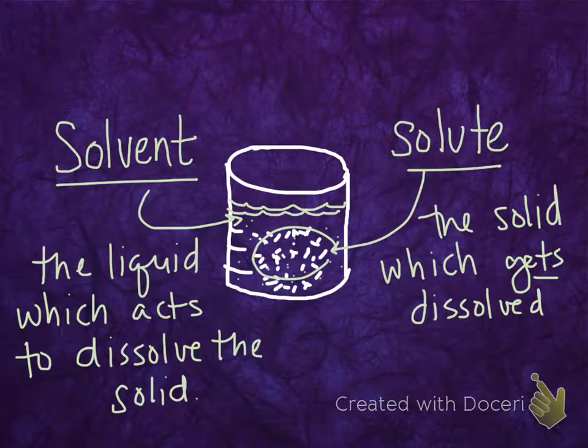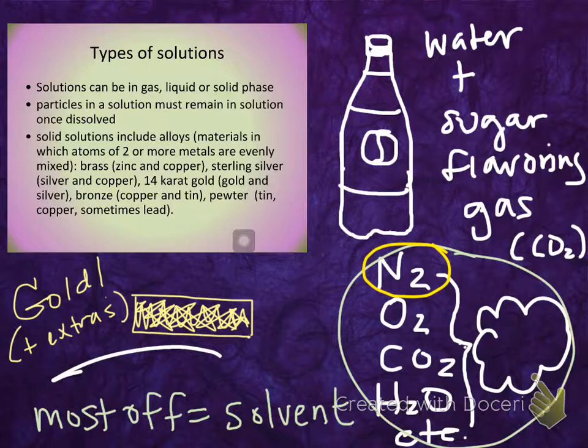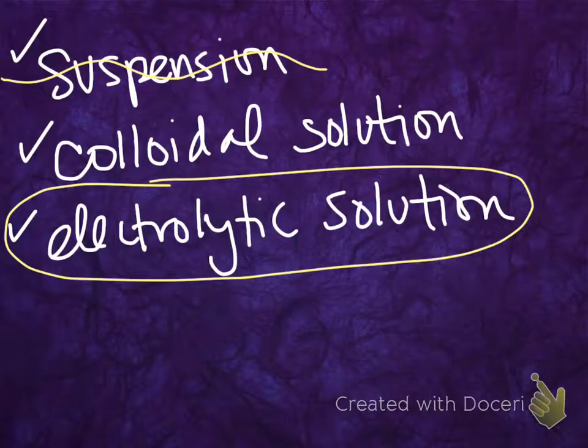In the oldest, most traditional sense of a solution, we talk about the solvent, usually the liquid, and the solute, usually the solid. However, because there are some special cases where we have gases dissolved in liquids, or metals dissolved in one another, or gases dissolved in one another, we sometimes also look at what there is the most of and consider that to be the solvent.